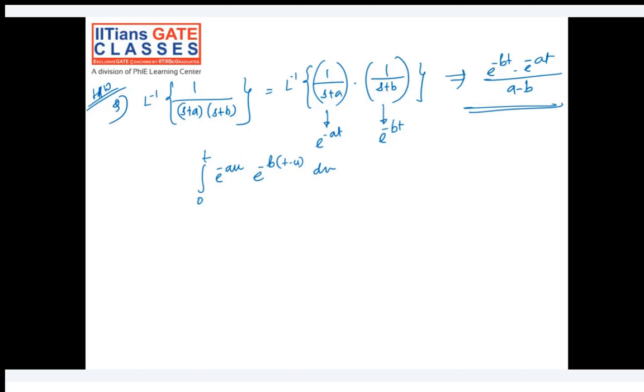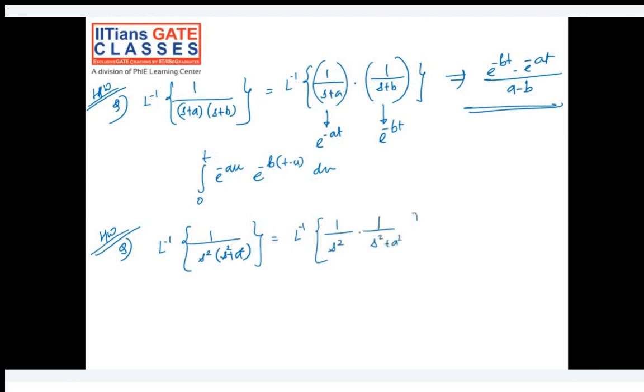Another question would be inverse Laplace of 1 upon s square into (s square plus a square), like this. So how can you write? You can write it as inverse Laplace of 1 upon s square into 1 upon s square plus a square.